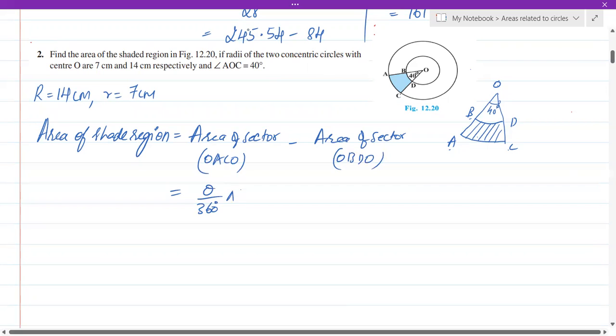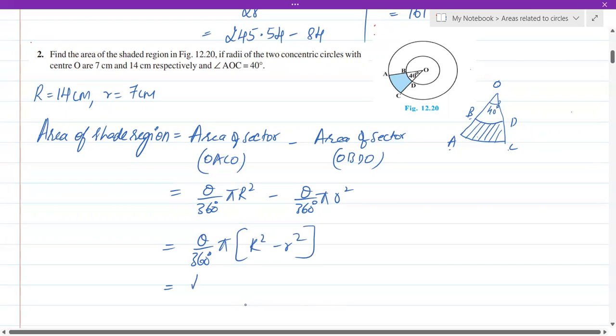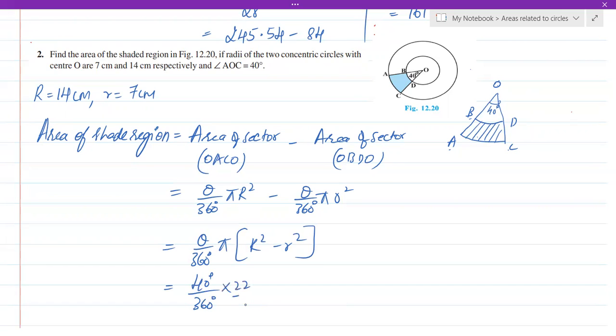This is bigger sector, so capital R, pi capital R square minus theta by 360 degree pi small r square. Remember, before substituting, you should always take common. So here theta by 360 degree, pi is common. What is left out? Capital R square minus small r square. Now let's substitute the value of theta. The value of theta is 40. So 40 degrees by 360, pi value is 22 by 7, capital R is 14 square minus small r is 7 square.